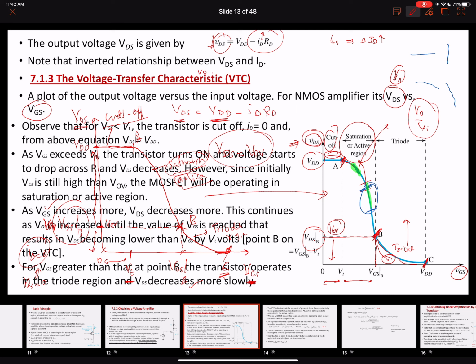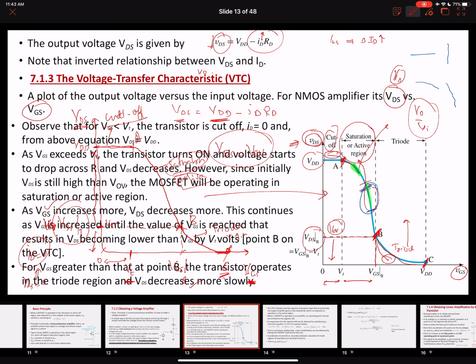But here is an important thing. We want to decide at which point we are going to operate the transistor in the saturation region, such that when our input voltage varies, since we are going to have a time varying input signal for the amplifier, our output signal should not go to the cutoff region or the triode region.